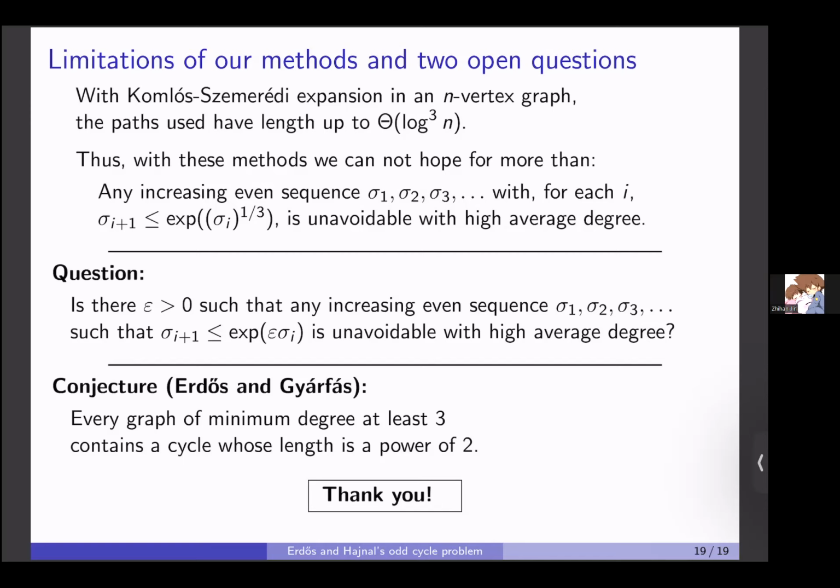Could you mention again what's the difference between the cycle and the adjuster? Yes. If you remember, I had the cycle that's then connected by two paths.